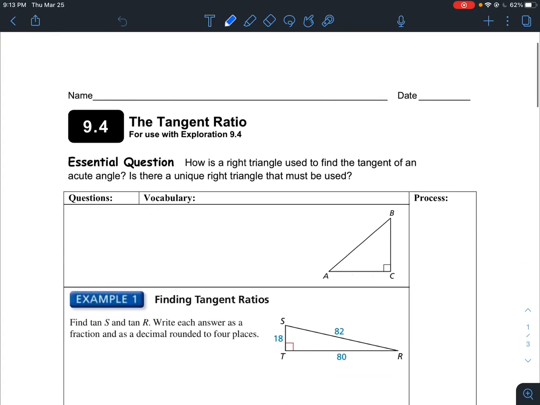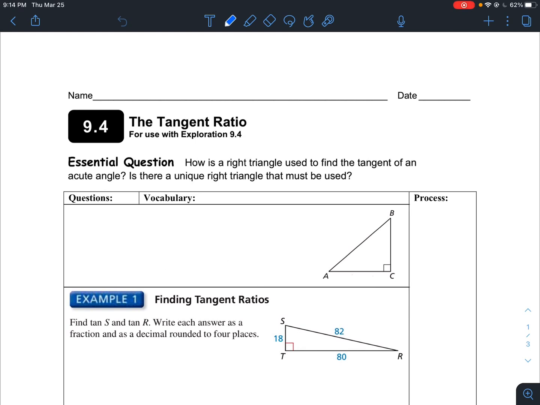Okay, so we're gonna go past 9.3 and go to 9.4. So 9.1, we talked about the Pythagorean theorem, which helped us solve for side lengths in a right triangle.